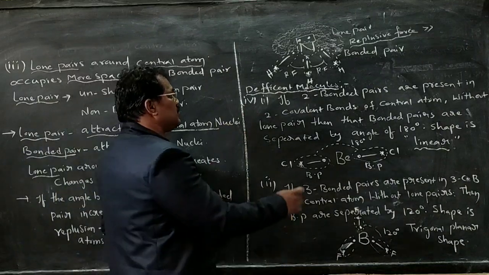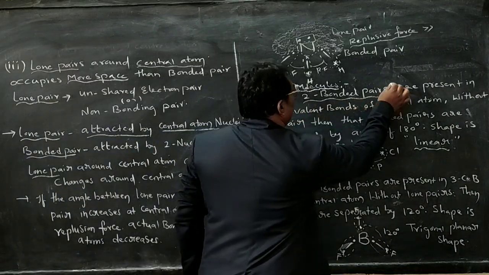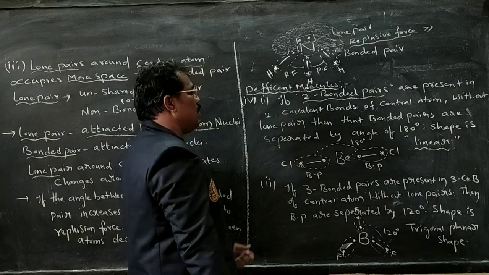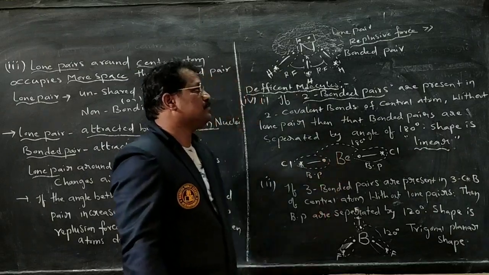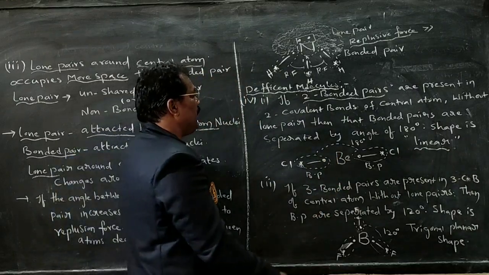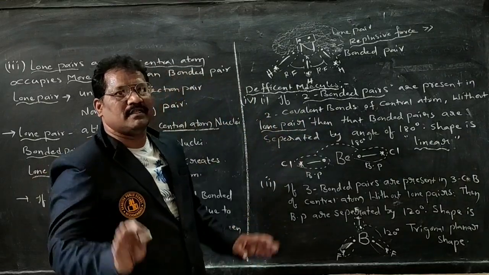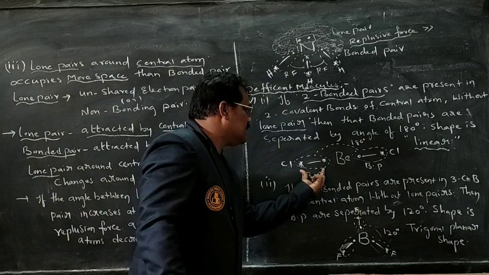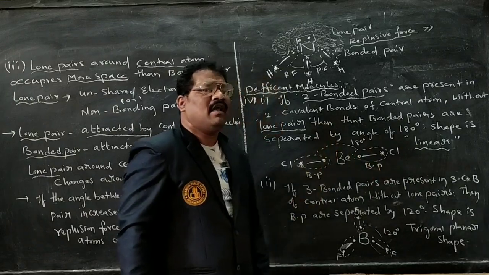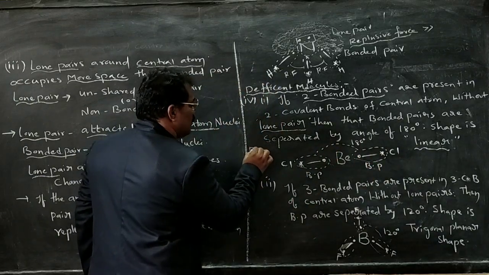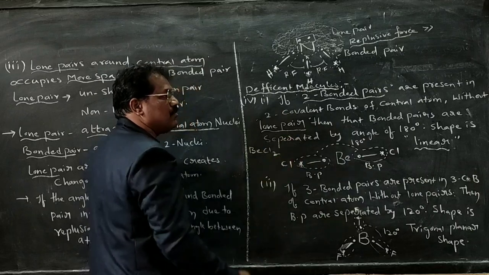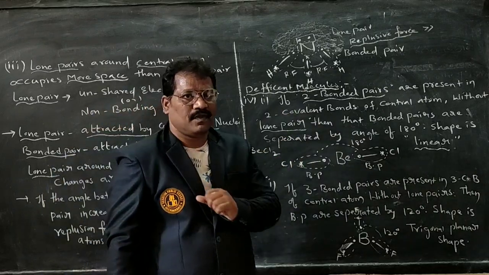First of all, coming to the first point. If there are only two bonded pairs around the central atom, without any lone pair, this is one bond pair, this is one bond pair. The best example for that is the beryllium chloride molecule.